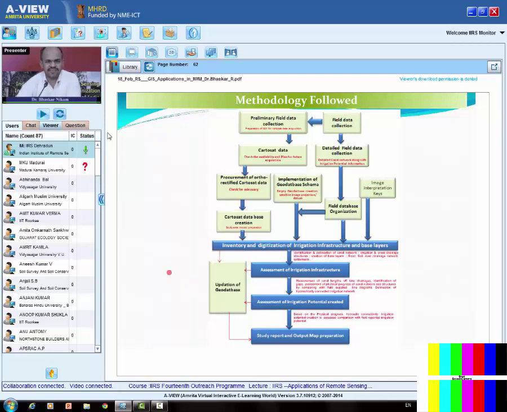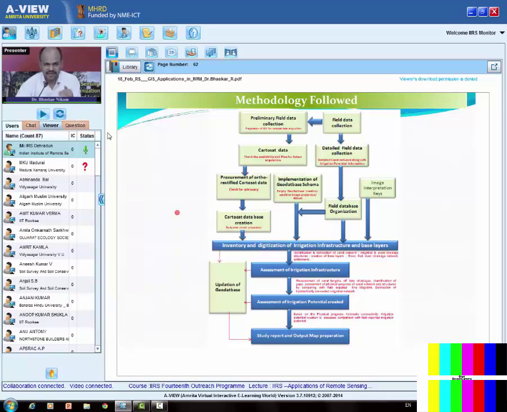So we have digitized the canal network, we have added the attribute information, and then we have checked what is the promised or design length of a canal and how much is the actual constructed length. And it's not only the constructed length, but how much of that length is hydrologically connected to the source. Like the main canal source will be a reservoir or the diversion structure, which is a barrage.